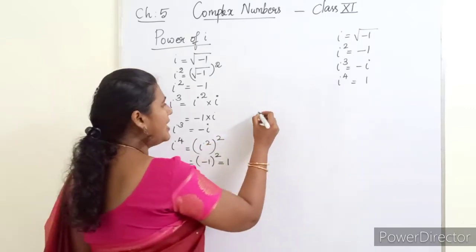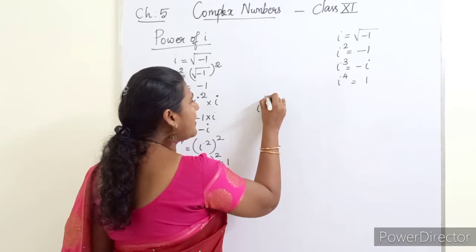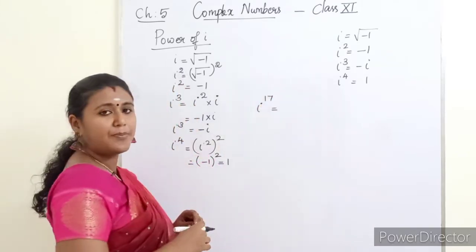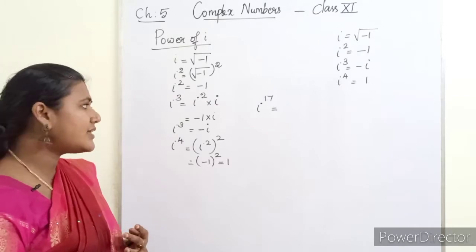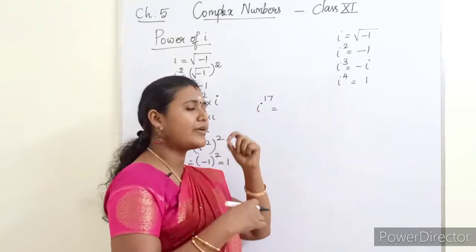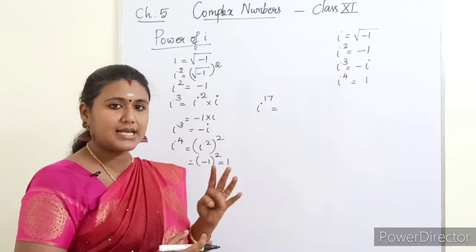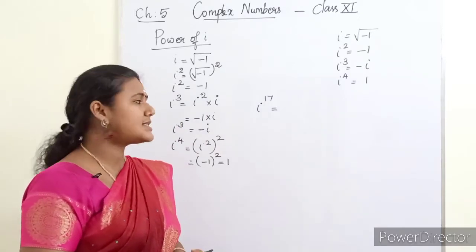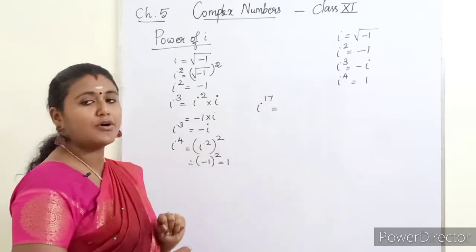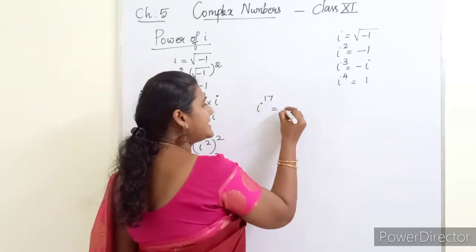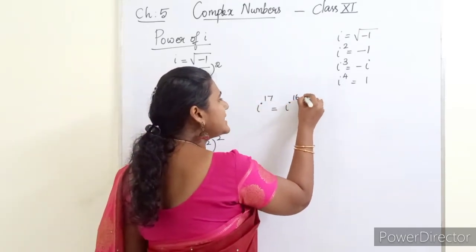For example, if I want to find i power 17, we cannot proceed like this. So what we have to do, whatever the power, the first step is to express the power as a multiple of 4. We can write 17 as 16 plus 1.